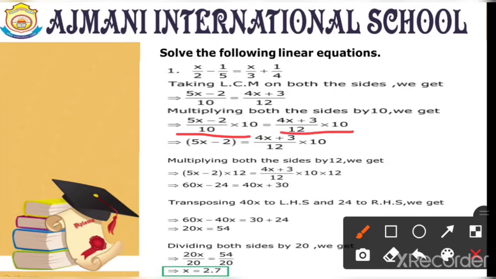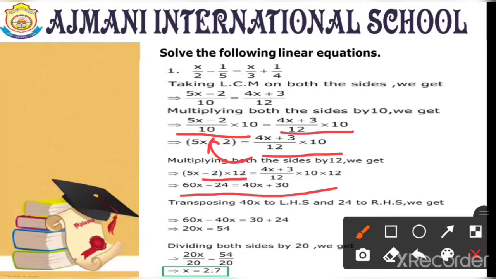The 10 and 10 of LHS got cancelled and we got 5x minus 2 is equal to (4x plus 3) upon 12 into 10. Now this 12 has been sent to the left hand side and it became (5x minus 2) multiplied by 12 is equal to (4x plus 3) multiplied by 10, or after solving it you would be getting 60x minus 24 is equal to 40x plus 30.